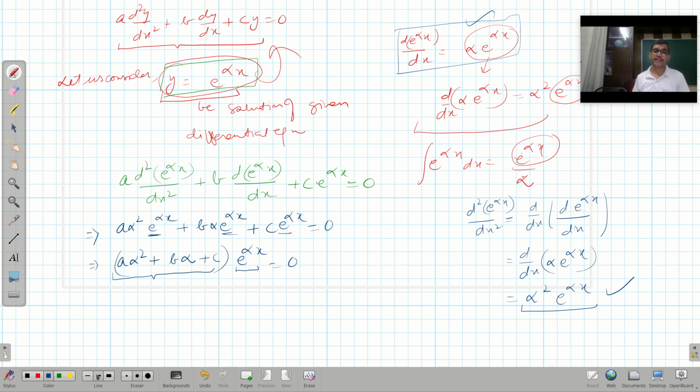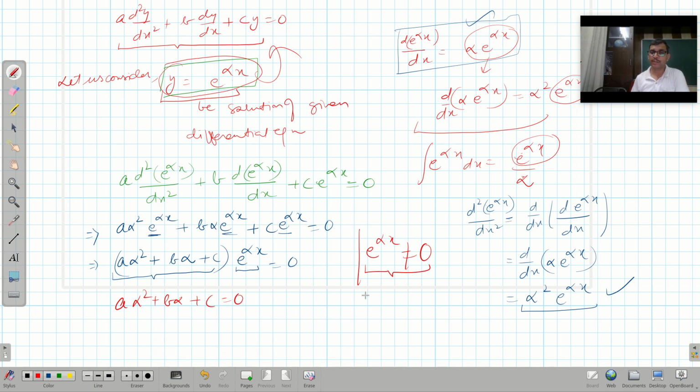But if I have a look at it, there is one factor e raised to power alpha x, and it can never be 0. If this factor can never be 0, then the other factor must be 0. Therefore I can write a alpha square plus b alpha plus c is equal to 0.